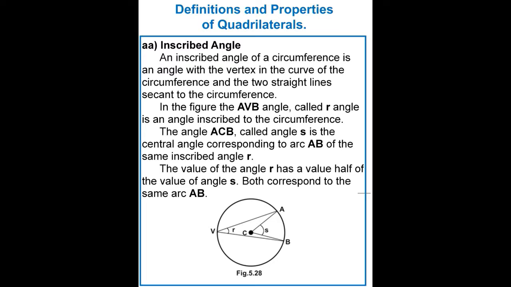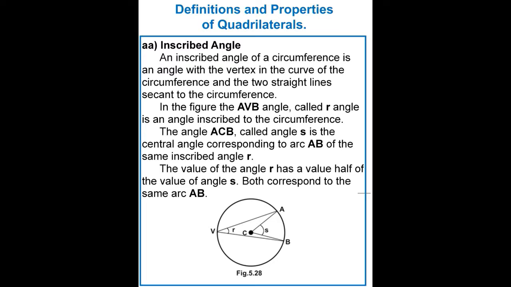In this slide, the concept of inscribed angle is defined. An inscribed angle of a circumference is an angle with the vertex on the curve of the circumference and the two sides being straight lines secant to the circumference. In the figure, the AVB angle, called the R angle, is an angle inscribed in the circumference.